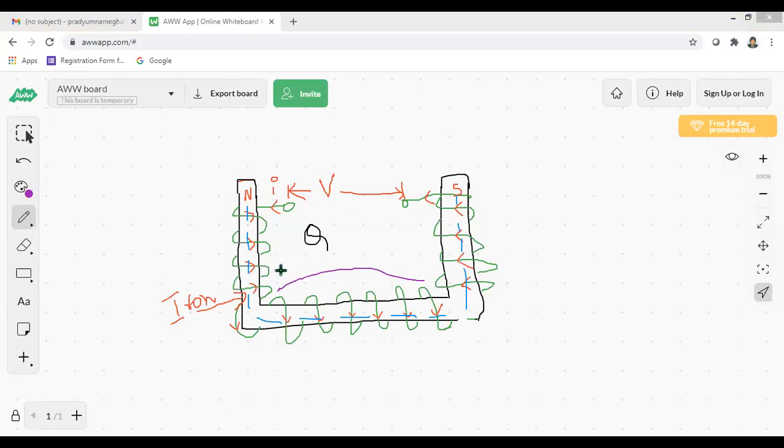Magnetic energy I am showing here. Sir, why are you drawing these curved lines? I will explain here.